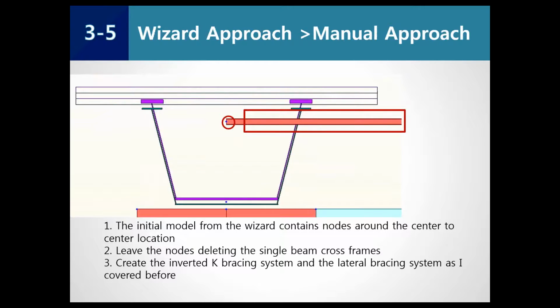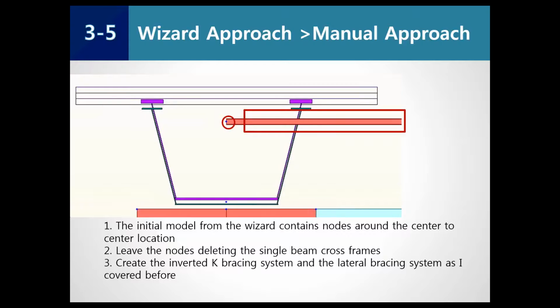So let me just summarize what I have done here. The initial model from the widget contains nodes around the center to center location on here. And also there is construction stage information, before composite and after composite, and also static load. So you don't really need to create construction stages or define the load if you use the steel composite widget. First, you need to use the steel composite widget to create a model file.